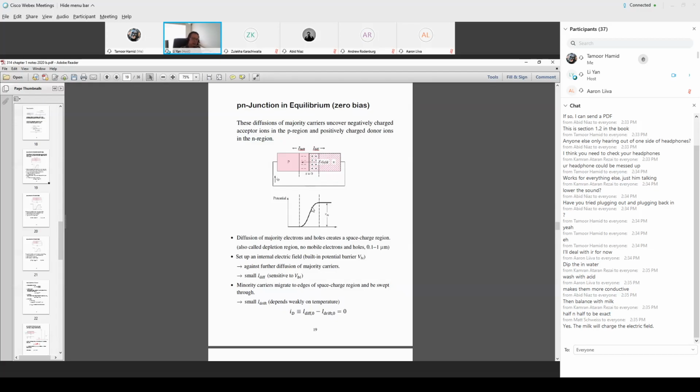The next consequence is that once the internal field or potential barrier is built up due to the initial diffusion, further diffusion becomes difficult.